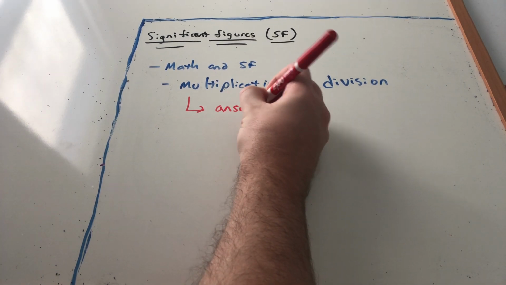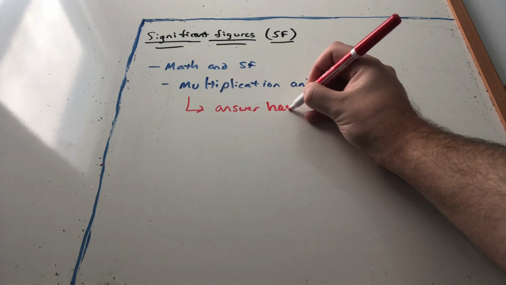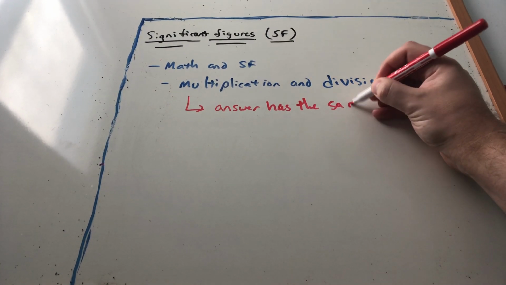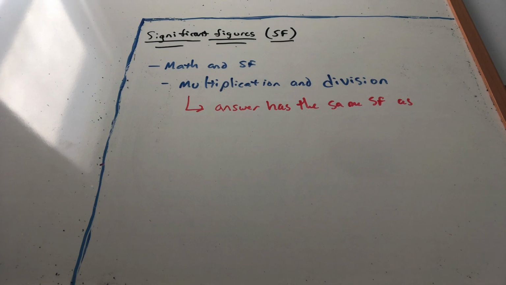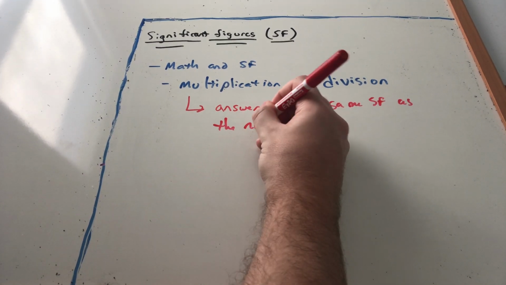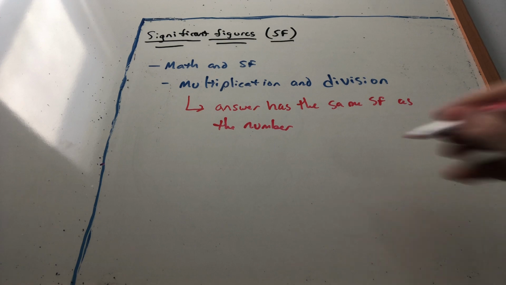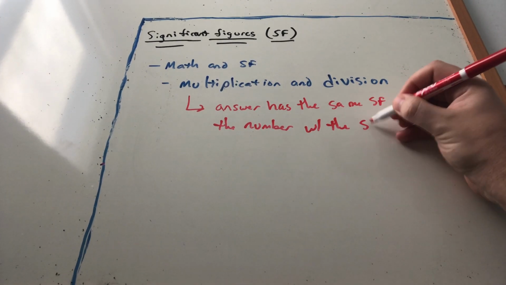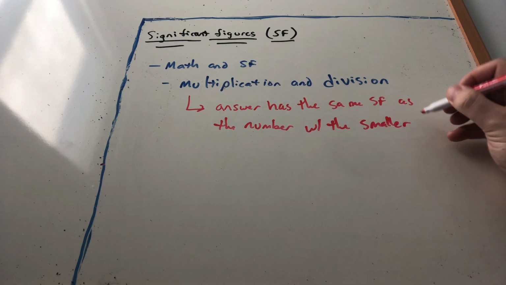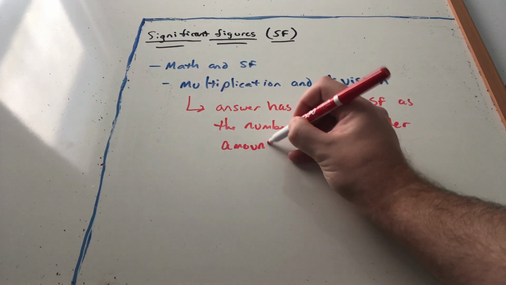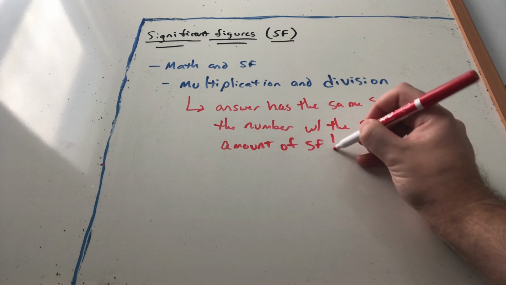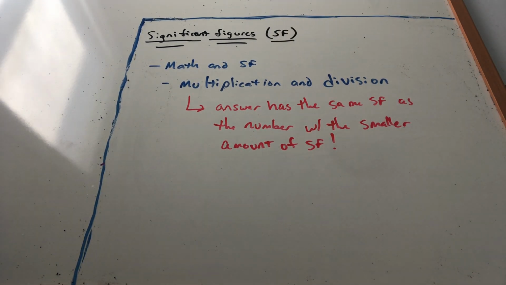Your answer has the same significant figures as the number with the smaller amount of significant figures that's involved in the multiplication or division. So this is not about decimal place. This is about counting the number of significant figures, right?